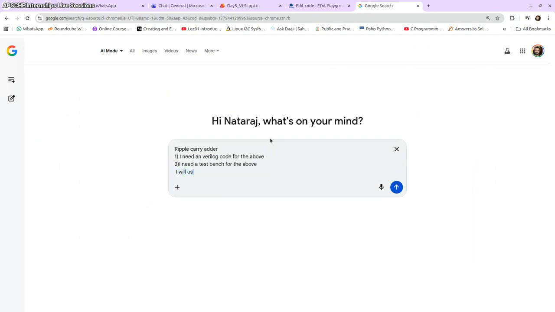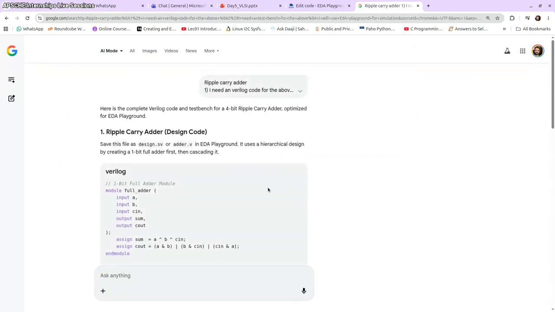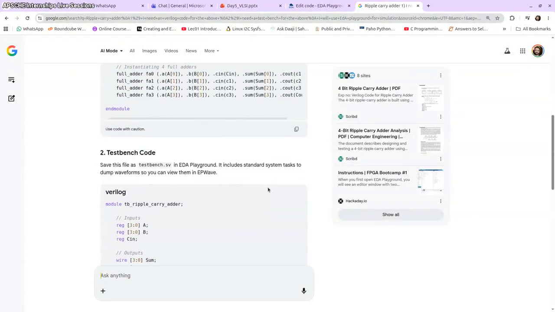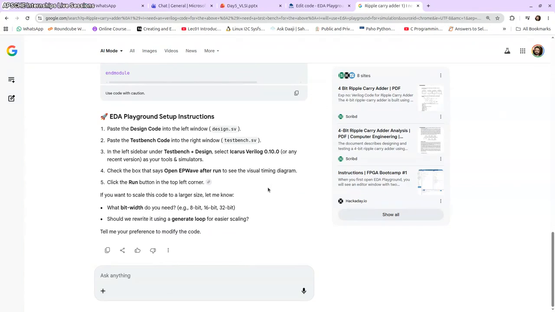I will use EDA Playground for simulation. That's it. You have to give it in a specific way. So it started giving me the Verilog code, and it started giving me the test bench. And if you need, you can go and ask more.